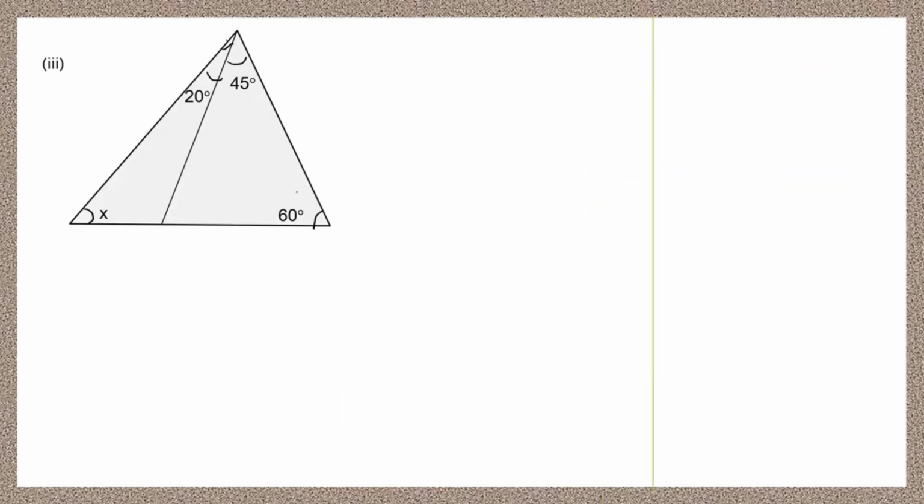Question 3. So here we have a triangle again, and we follow the same property which says the sum of the interior angles of a triangle is always 180. Now this will be one interior angle, then we have x and we have 60. So I need to add up all these and it will be equal to 180.